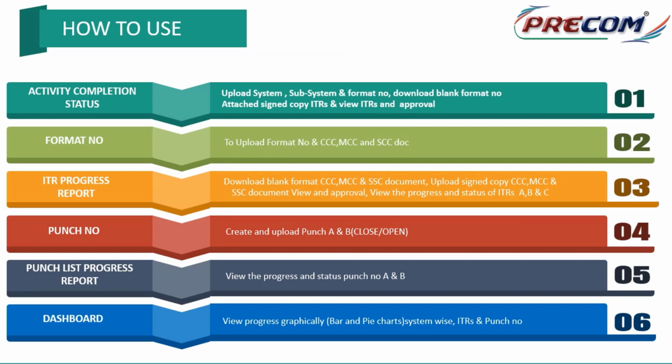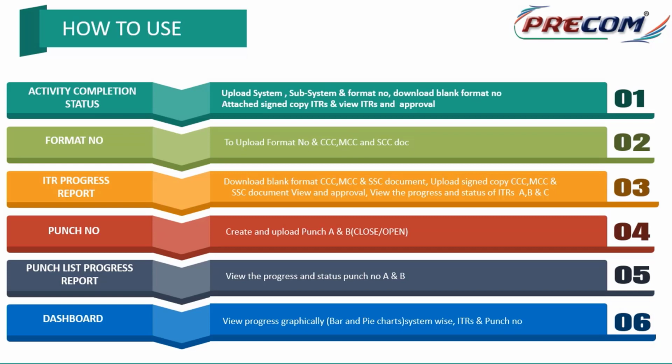In activity completion, first we are relating systems and subsystems, and for each subsystem there will be disciplines, and within the discipline there are major activities which have to be completed. So one system, multiple subsystems, and within each subsystem I have disciplines like civil, piping, structural, and within each of these disciplines there may be a number of activities which I have to complete, and for completing each activity there may be specified formats or an inspection test plan.